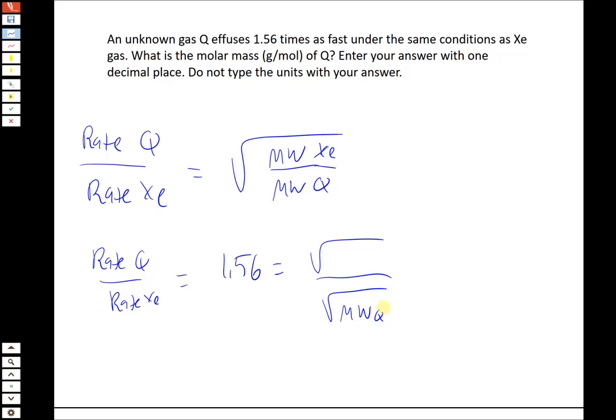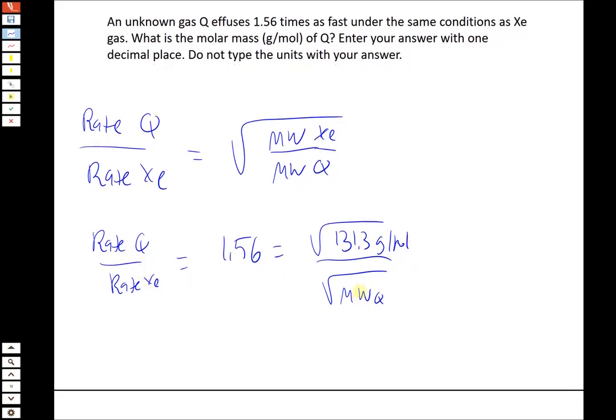So xenon is an element, so its molar mass is the atomic mass straight from the periodic table. And so xenon is an atomic mass of 131.3. So we're going to use that number here. And so this is the equation we have to solve for our unknown molar mass.